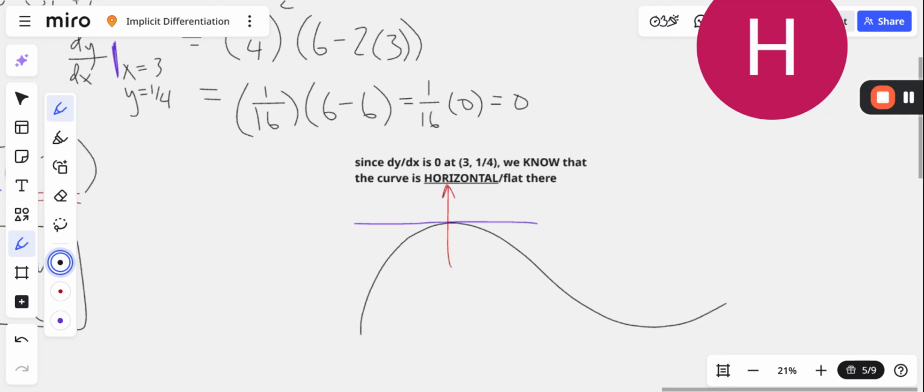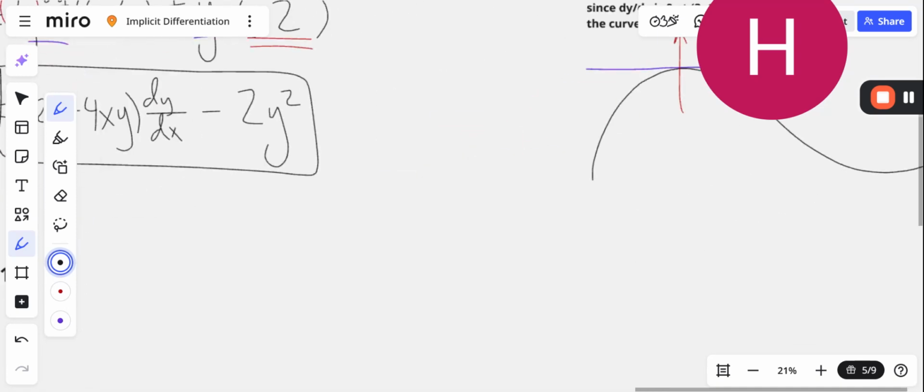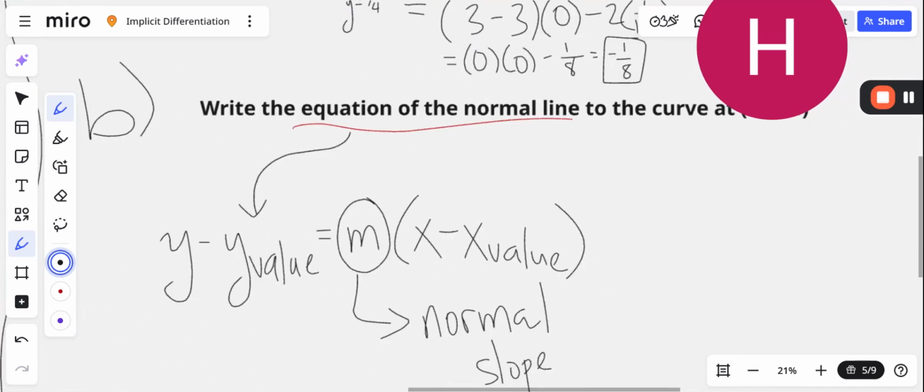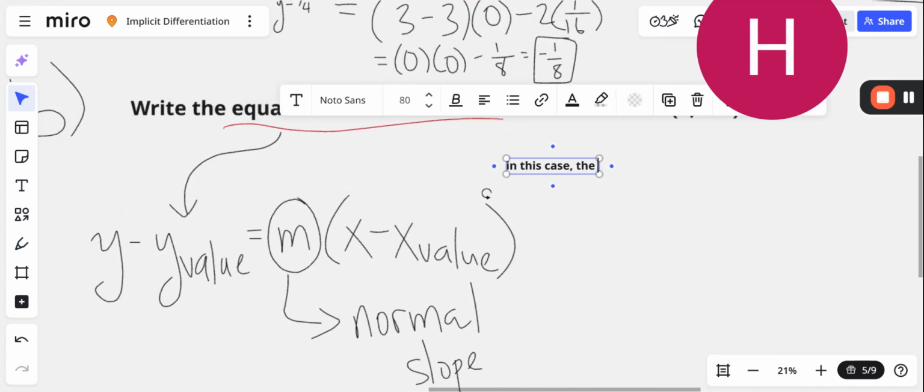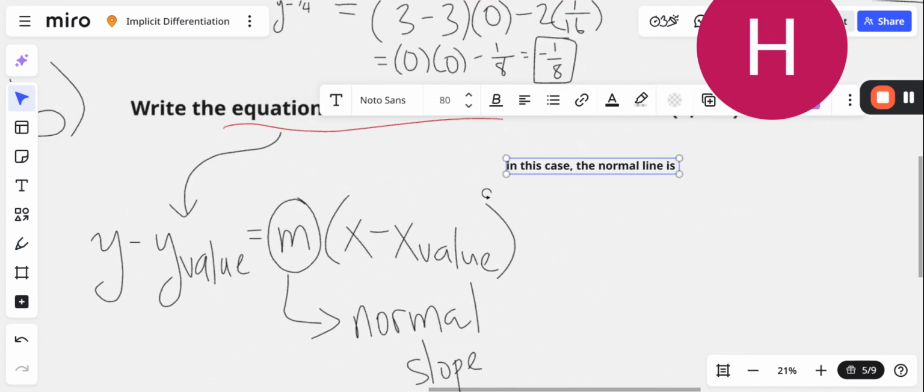And the slope of a vertical line is undefined. It approaches infinity or negative infinity, but its value is undefined. So what does that mean? That means that the normal line, in this case, is vertical.